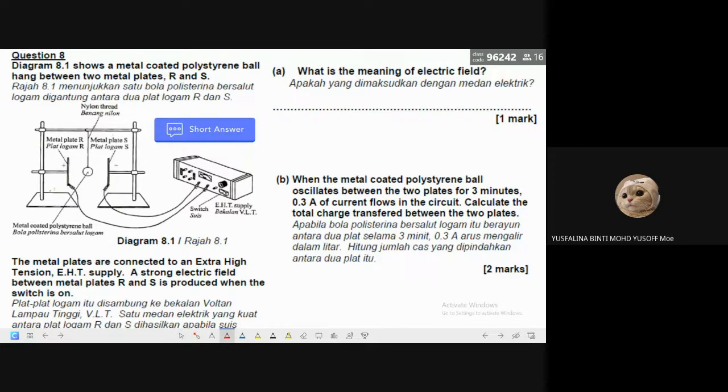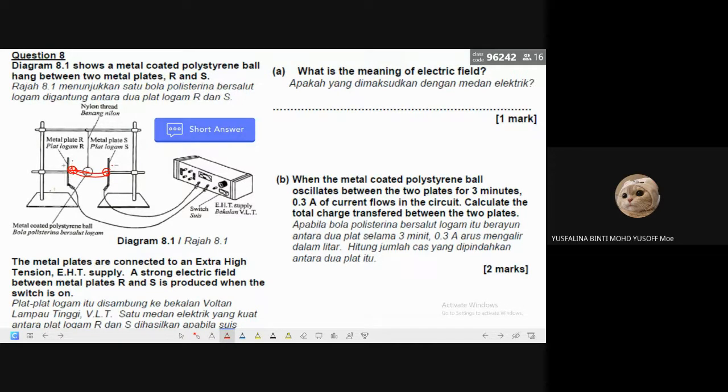Let's say I pull the polystyrene ball to the positive plate.